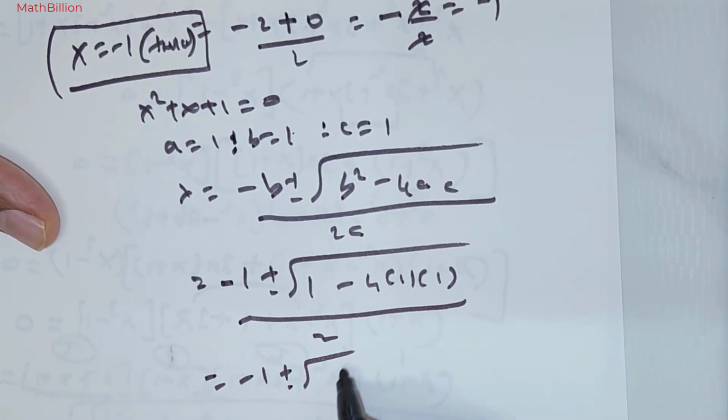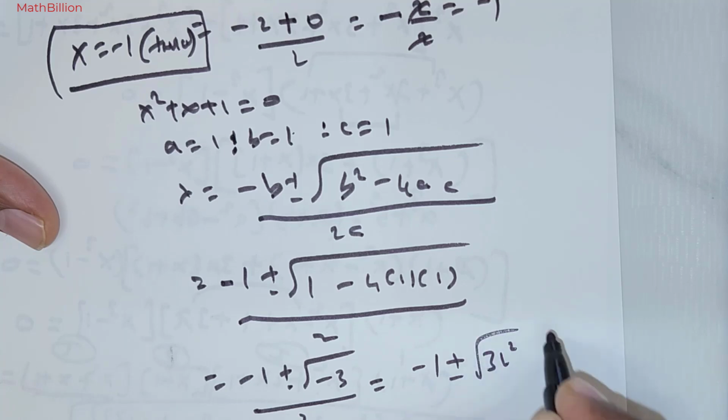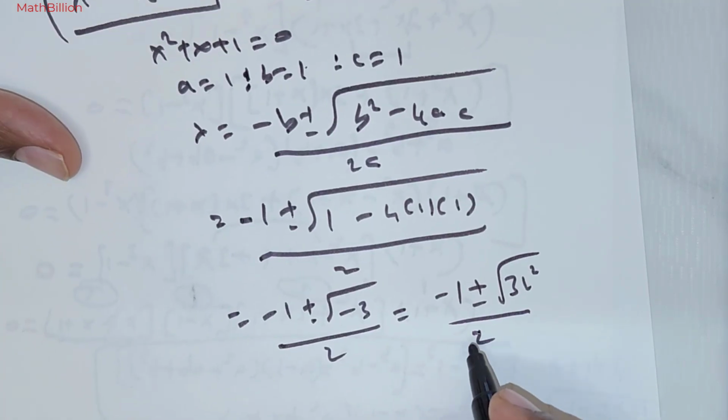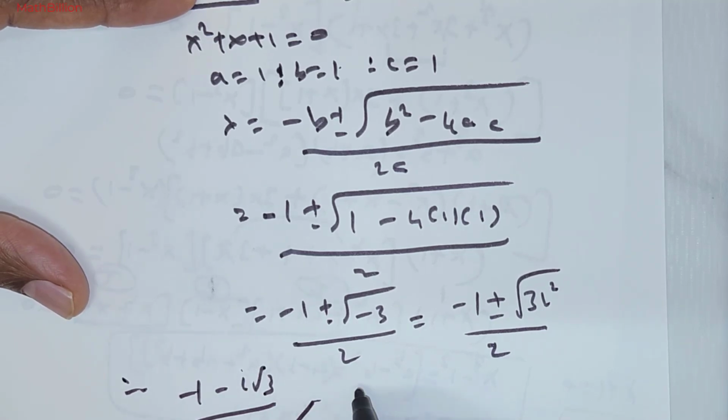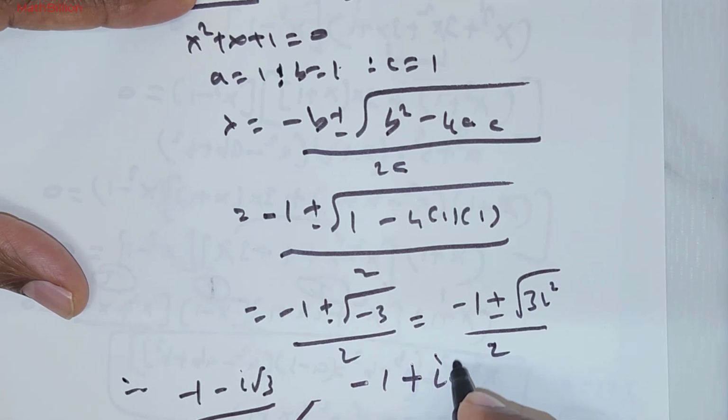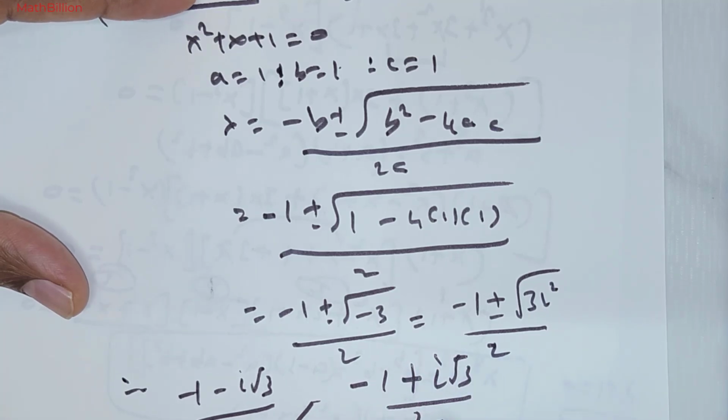So this could be rewritten as (-1 ± √3 i) / 2. So therefore the roots are -1 - i√3 over 2 and -1 + i√3 over 2.